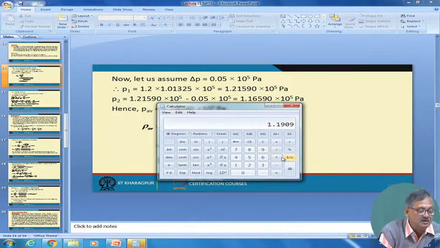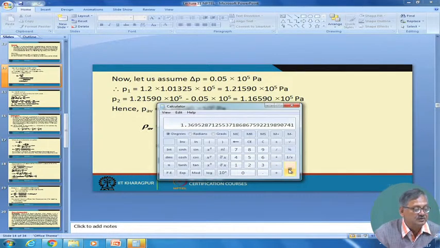1.1909 into 10 to the power 5 is equals to this much into 28.97 is equal to this divided by 8314 is equals to this divided by 303 is equal to 1.3695, right?